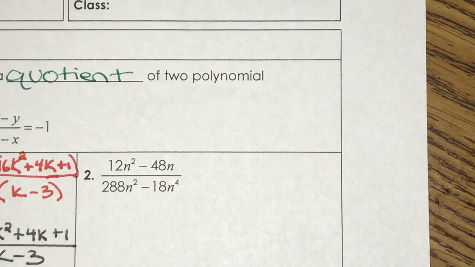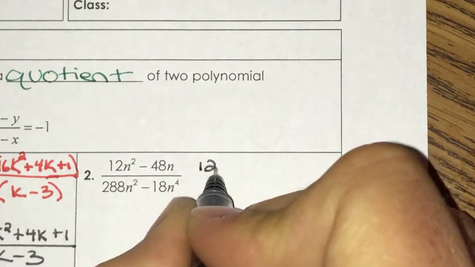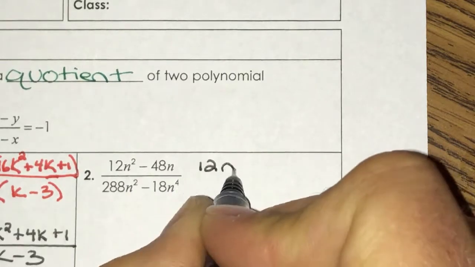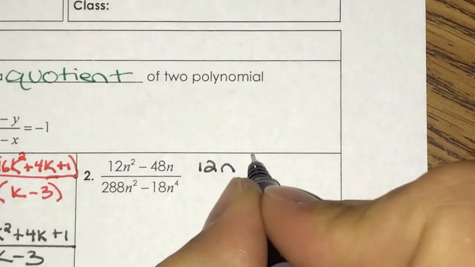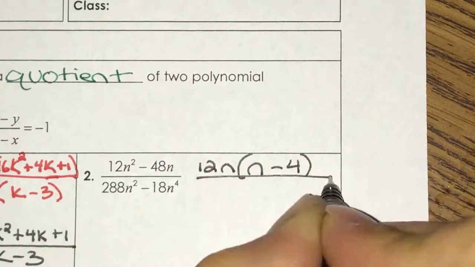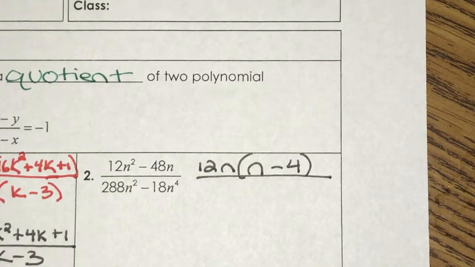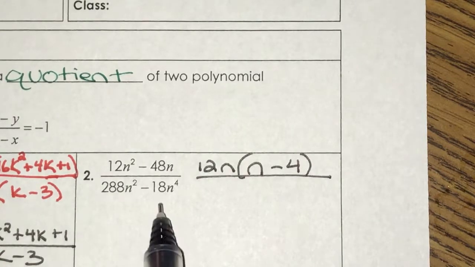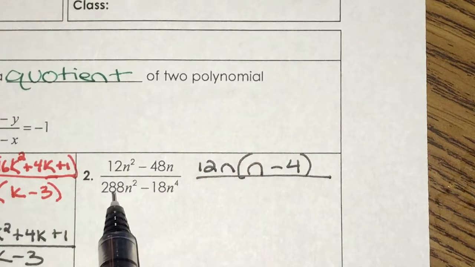So on this one, you want to divide out a GCF. So what divides out of 12 and 48? 12. And n squared and n? Yep, so then that leaves me with n minus 4. And what can you divide out of 18 and 288?